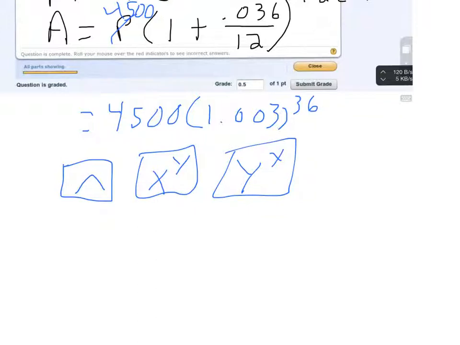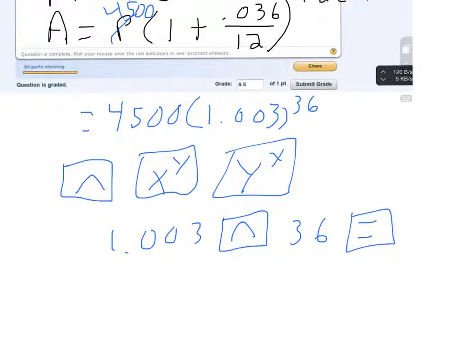And typically the way you punch this into a lot of calculators is that you hit 1.003, and if you have the caret button, you'd hit it, or the X to Y button, then you hit 36, and then equal or enter. And so if you hit those keystrokes, that'll multiply this number 36 times.